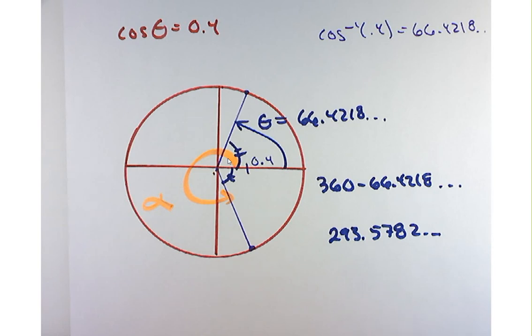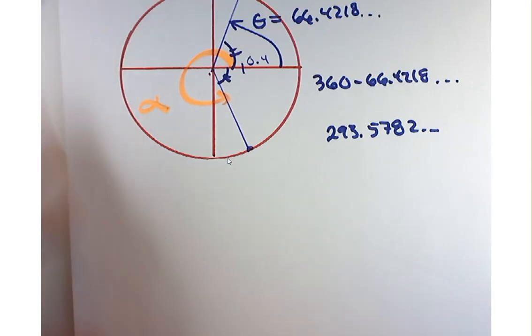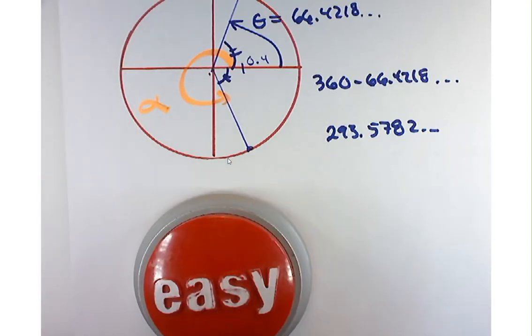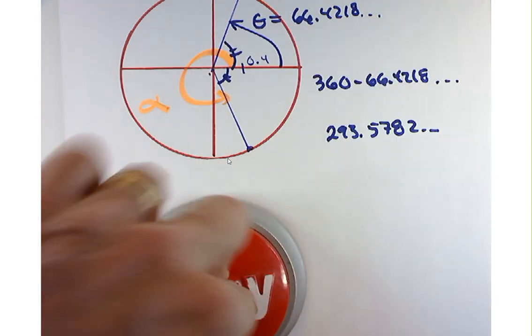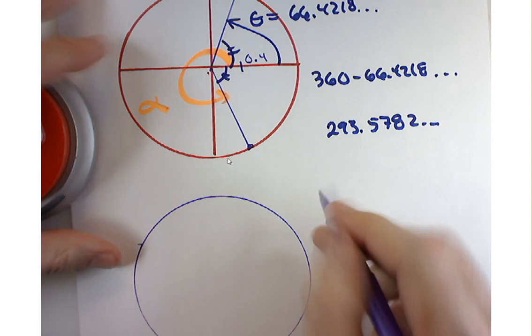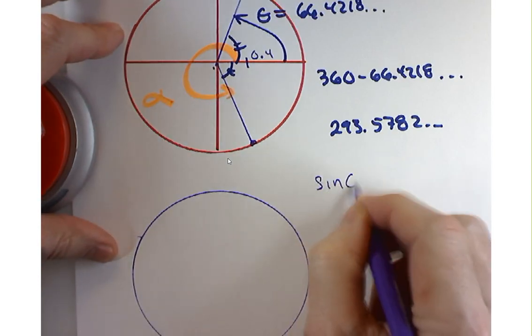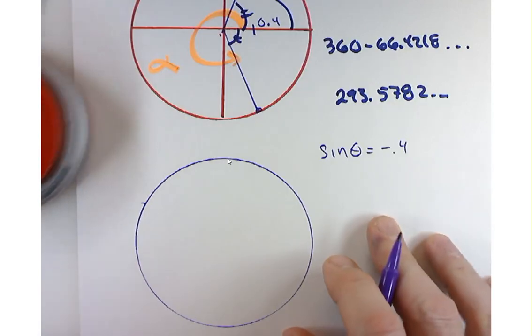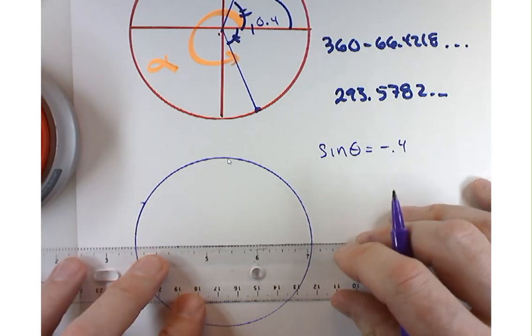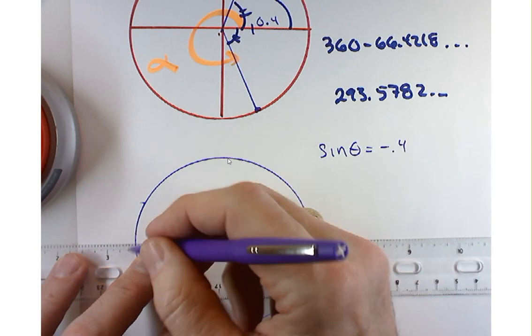You should try another one like that for yourself, maybe down in the third quadrant. What if you had, say, sine of theta equals negative 0.4 or negative 0.3? So then again, you're going to have to do a little thinking.